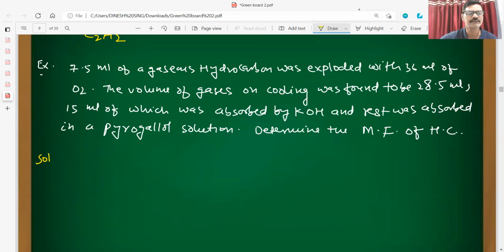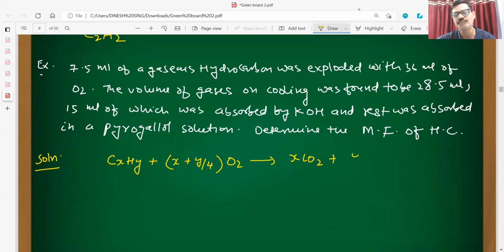That is the solution. We have the hydrocarbon CxHy plus (x + y/4) O2, which will convert into x CO2 plus y/2 H2O. So from 1 mole of this, the moles of CO2 will be x times.